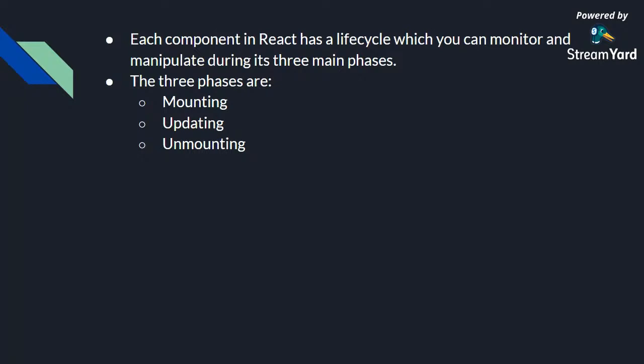So mounting, before we go any further, let me give a scenario. Mounting is something like when the component is becoming available on the screen. Updating is when a component has a value change. So whenever a value is changed inside a component, it goes through the updating stage of the life cycle.